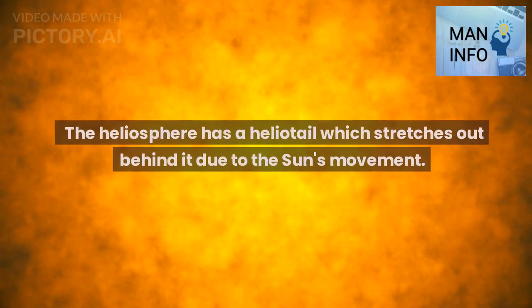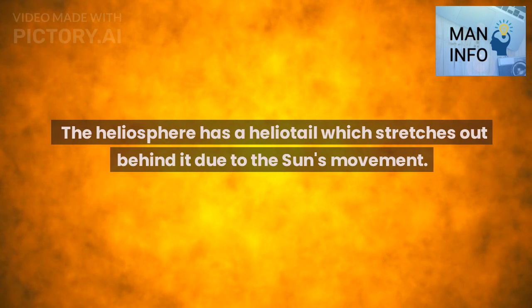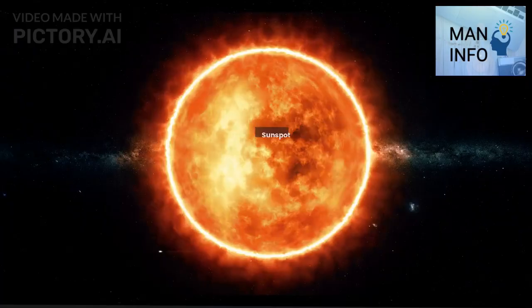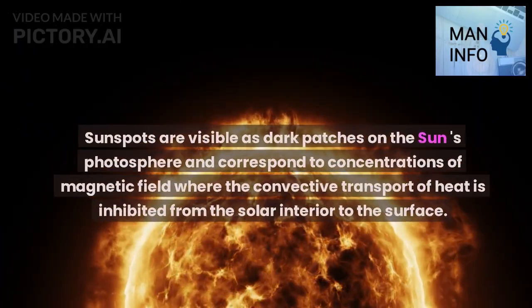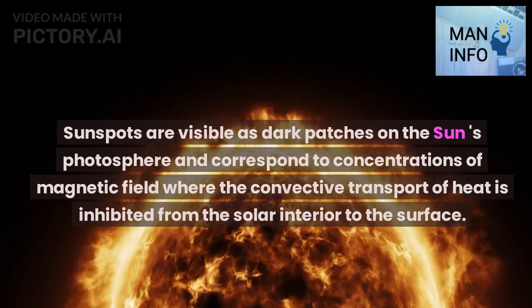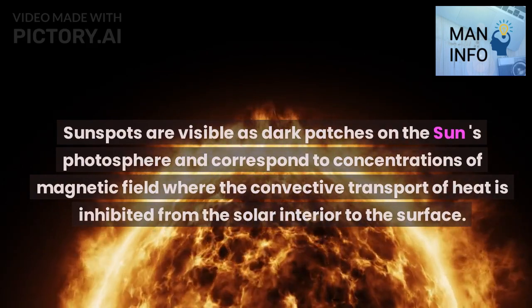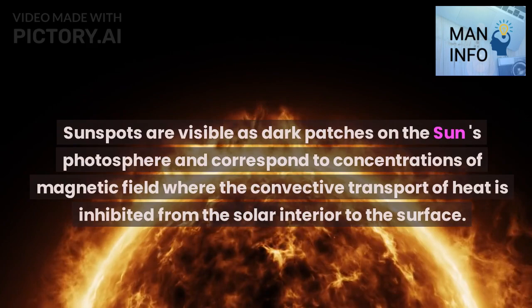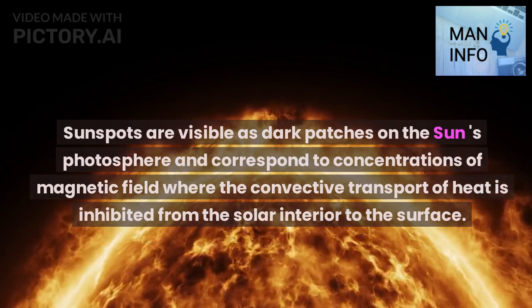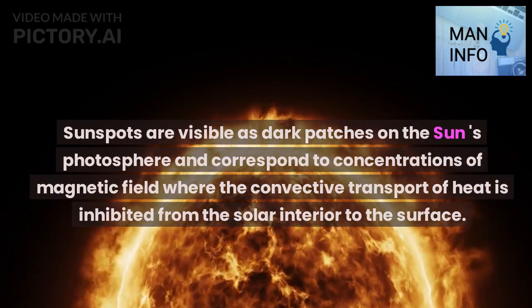The heliosphere has a heliotail which stretches out behind it due to the Sun's movement. Sunspot. Sunspots are visible as dark patches on the Sun's photosphere and correspond to concentrations of magnetic field where the convective transport of heat is inhibited from the solar interior to the surface.